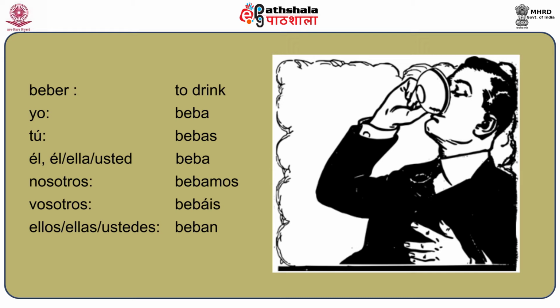The yo form in the indicative is bebo, and we remove the final o and add the AR endings to the stem, and thus the conjugations that we receive are yo beba, tú bebas, él, ella, usted beba, nosotros bebamos, vosotros bebáis, ellos, ellas, ustedes beban.